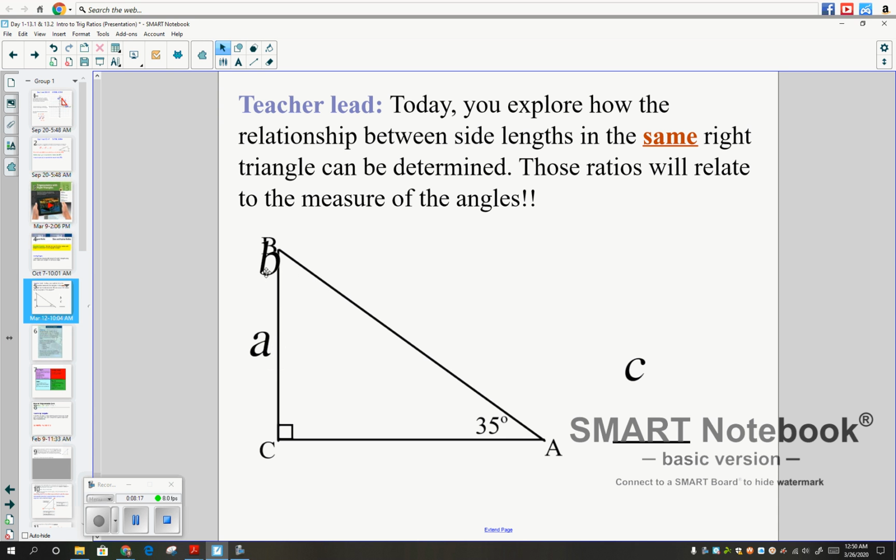Side b is going to be across from angle B. Here's angle B, go all the way across. That's the side that is opposite of it. And side c right here is going to be across from angle C, which is our right angle. There it is. That is going to be key for us today as we start to name sides and label them.